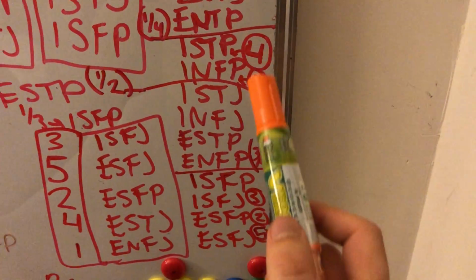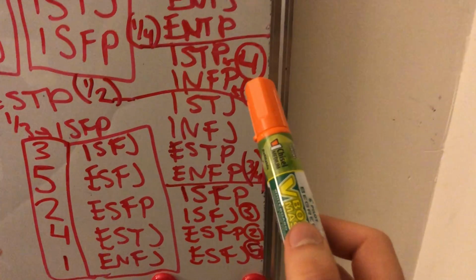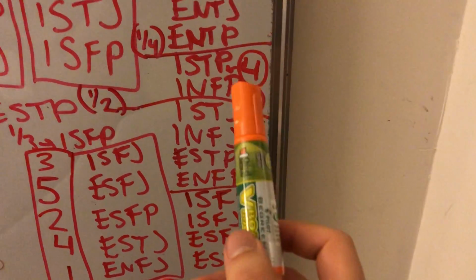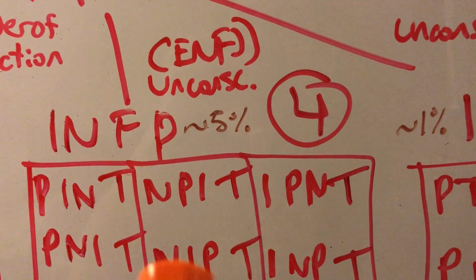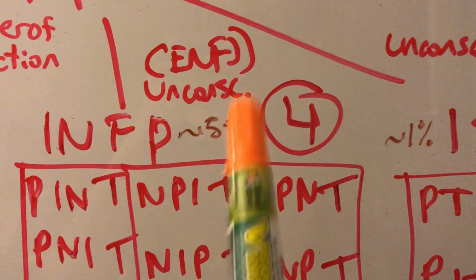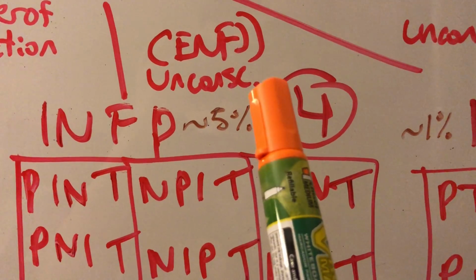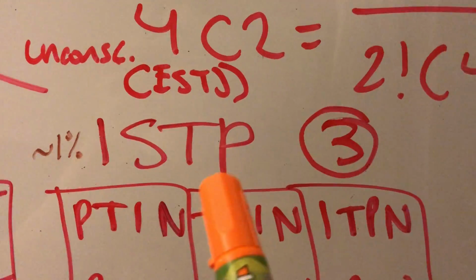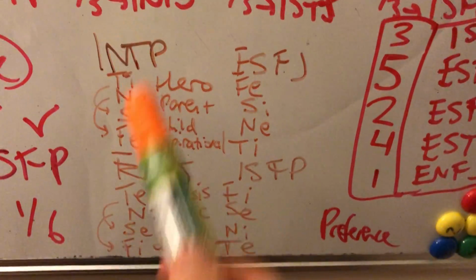These are referencing the fact that these two functions are working almost entirely out of the unconscious mind. So the subtype that I have of INFP, my least favorite of my subtypes, is ENFJ. Well, this one is ESTJ, if you were to follow these rules of how you get the unconscious from the conscious.